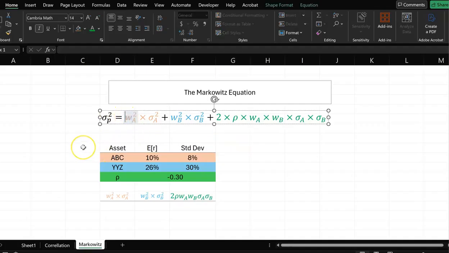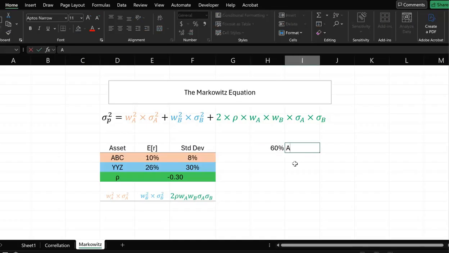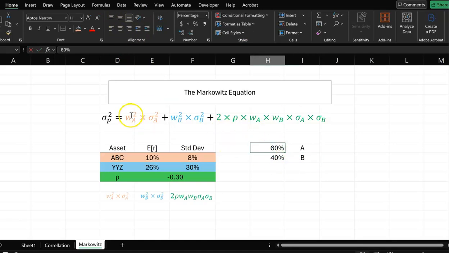So if you look at this WA squared, it means the weight in asset A squared. For instance, let's say we had 60% in asset A, and 40% in asset B. Then this weight A squared would be 60% squared, the weight in asset A squared.